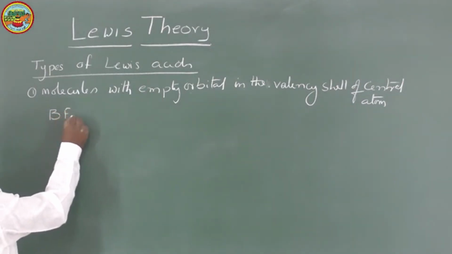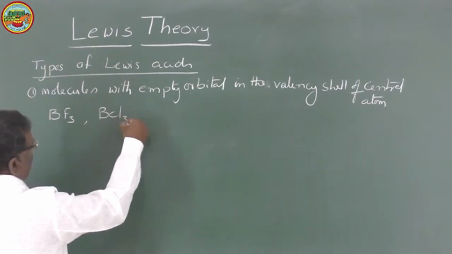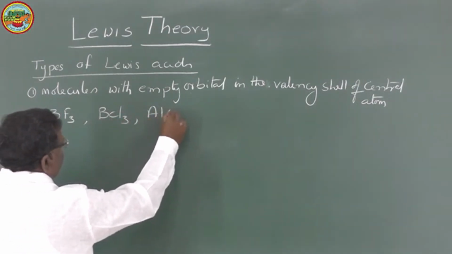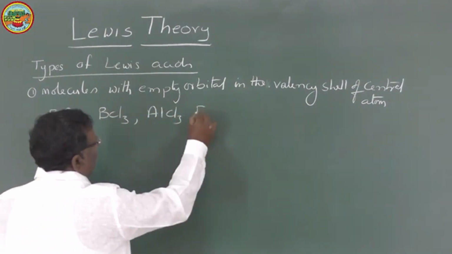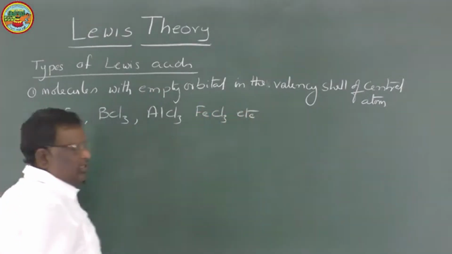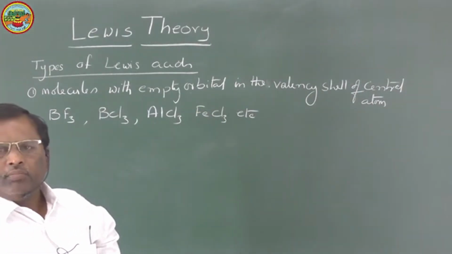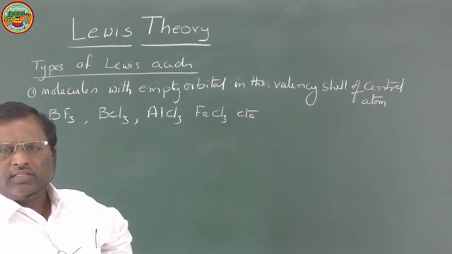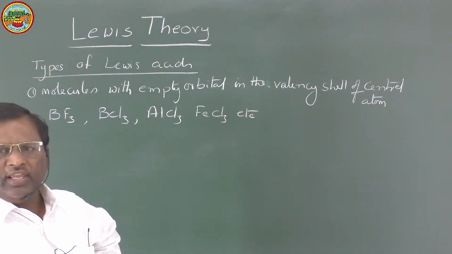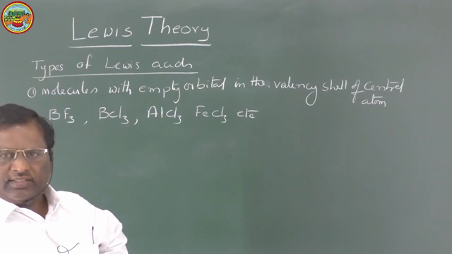Examples are BF3, BCl3, AlCl3, FeCl3, etc. They can be considered as Lewis acids because in their central atom we have an empty orbital. This is the first category of Lewis acids.